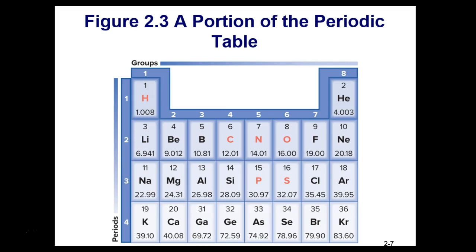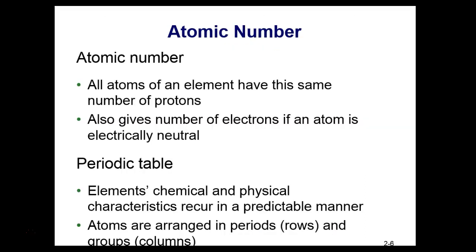If you look at the number at the top, that's the proton number. If you look at carbon, the symbol for carbon is C, the number at the top is the atomic number, which shows you the number of protons that carbon has, which is 6.